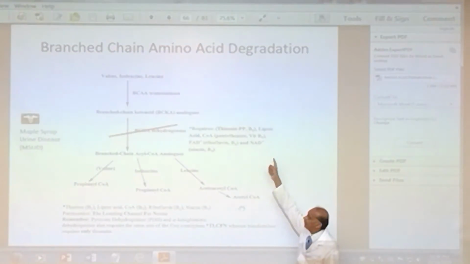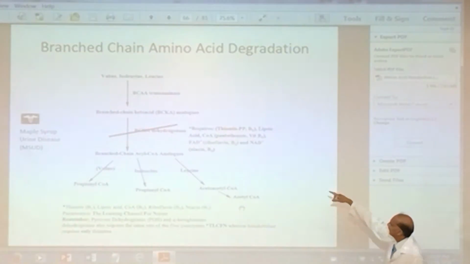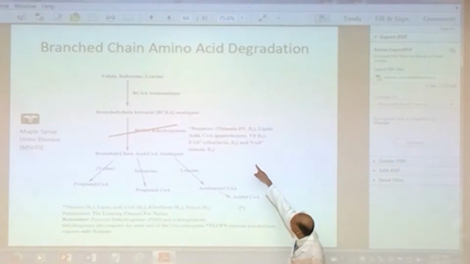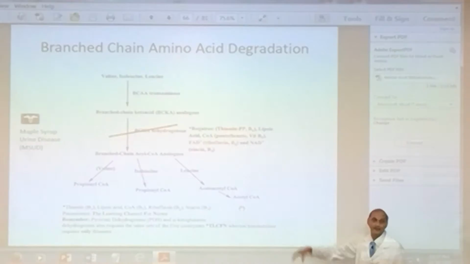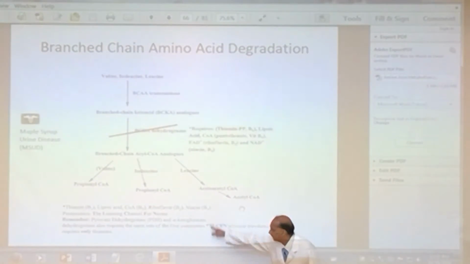And this enzyme is defective, and we really looked at that. Thiamine pyrophosphate, lipoic acid, pantothenate, vitamin B2, vitamin B3, all goodies are required for that enzyme, right? And this part here you really have to memorize.